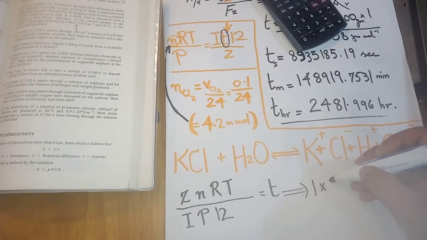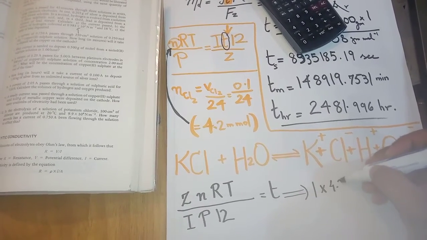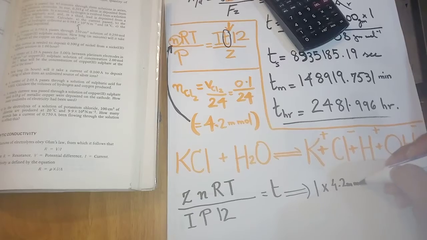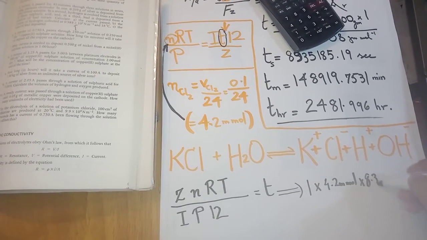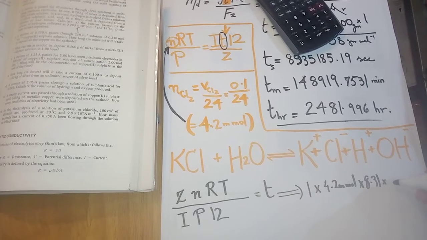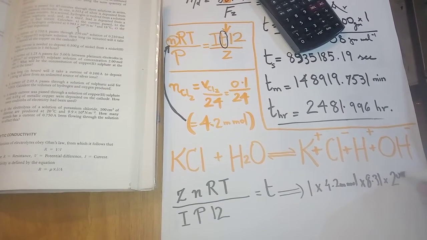And that would become minus 1 times 4.2 millimoles times 8.31 times 293 kelvins.